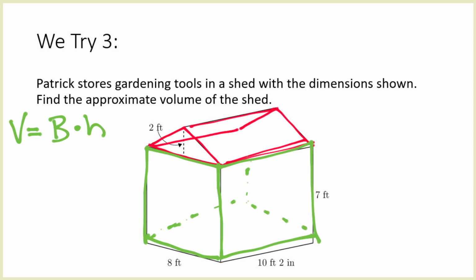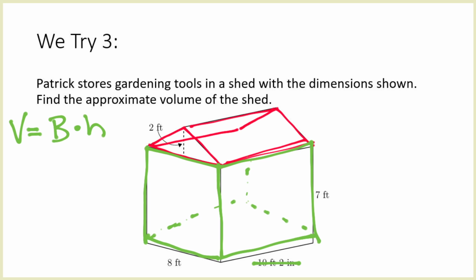The area of the base looks like a rectangle, so that's going to be 8 times 10 feet 2 inches. First thing I need to do, looks like they're being tricky on me, I need to convert everything into either feet or everything into inches. So I'm going to convert everything into feet.